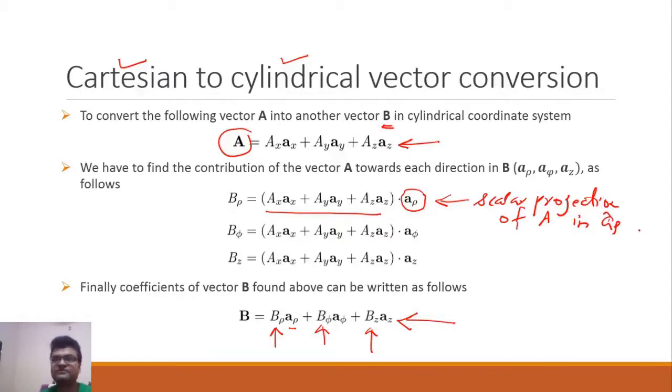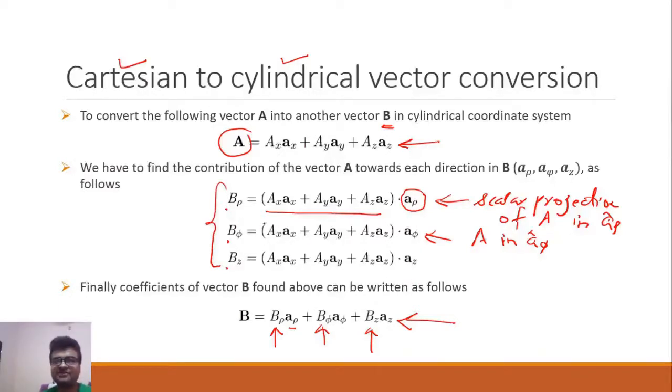We are doing nothing but this. And in the second also, we are finding the scalar projection of A in the a phi direction. To find the scalar projection, we do this dot multiplication. So after multiplying this complete vector one by one with a rho, a phi and az, you will get these three coefficients.